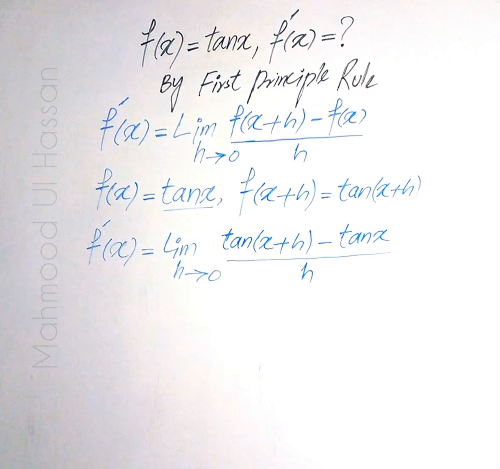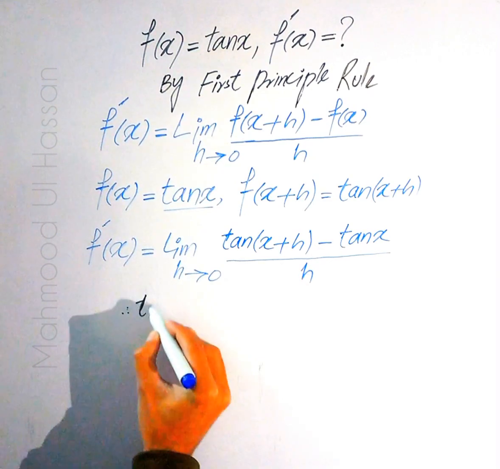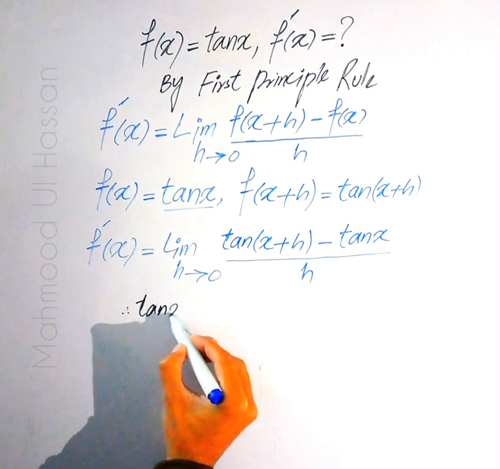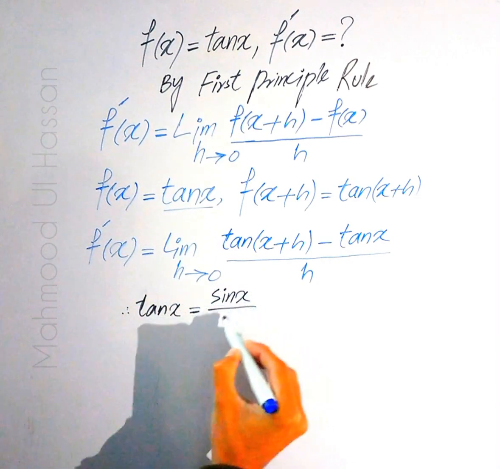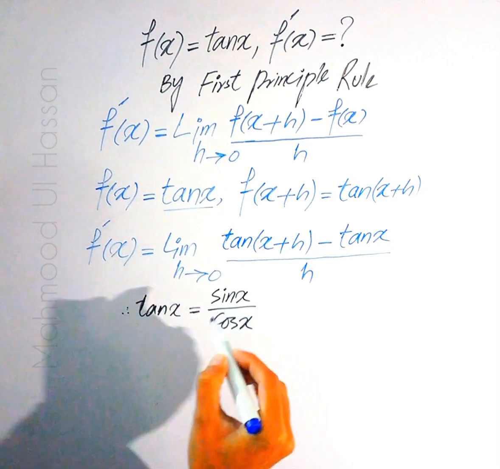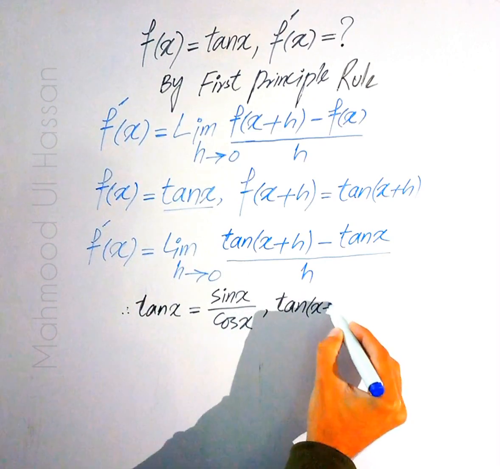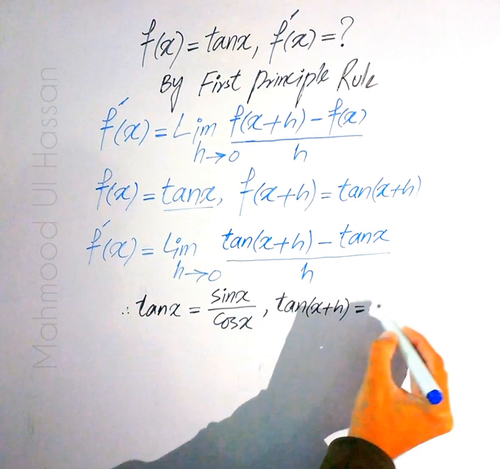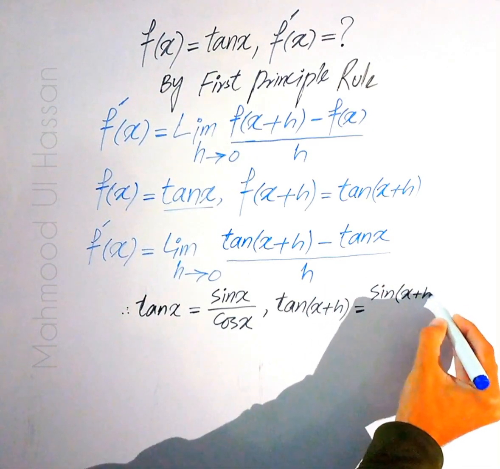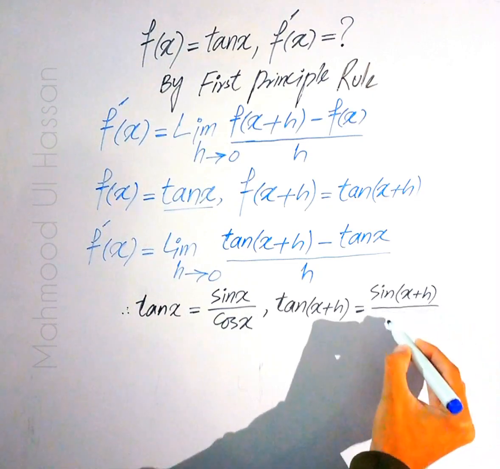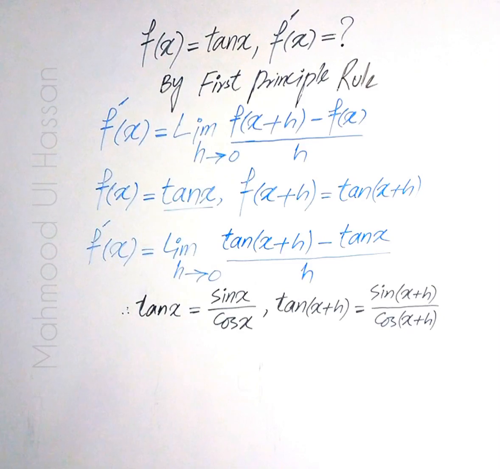Now we know that tangent of x is equal to sine of x divided by cos of x, and similarly tangent of x plus h will become sine of x plus h divided by cos of x plus h.